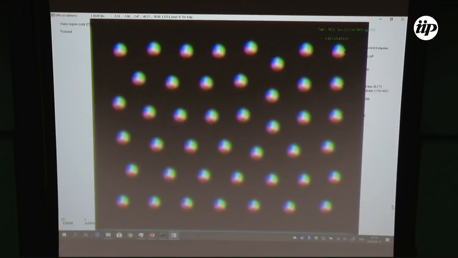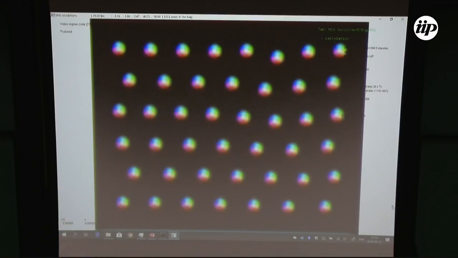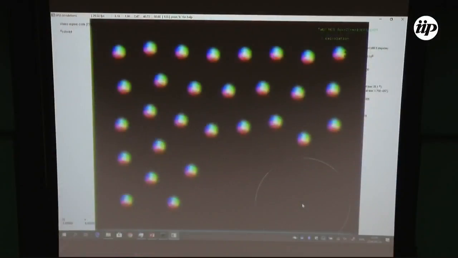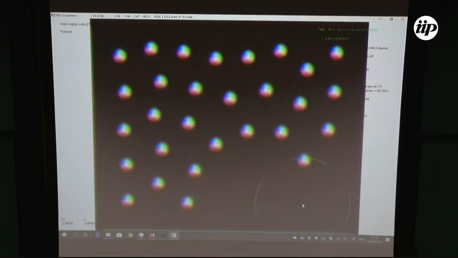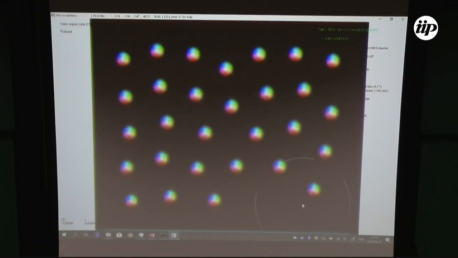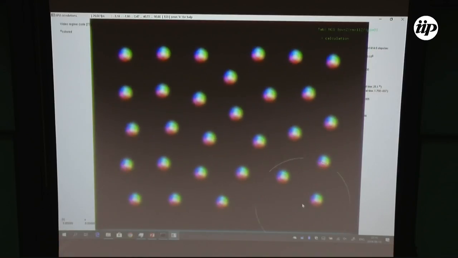So, what we can see is a rearrangement of these skyrmions into a lattice. Because the skyrmions have a circular-like shape, they prefer to arrange into a triangular lattice, of course. So let's do some distortion. Yeah, and they try to rearrange again in a triangular lattice, but with bigger distances, right?